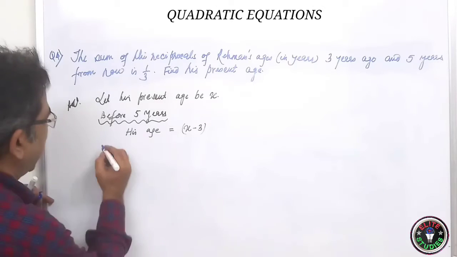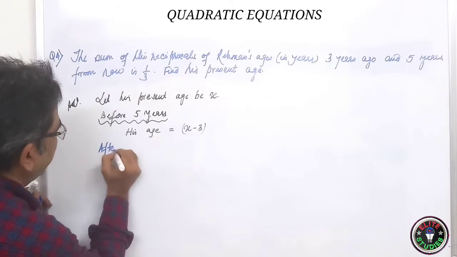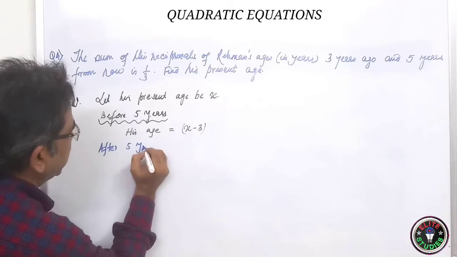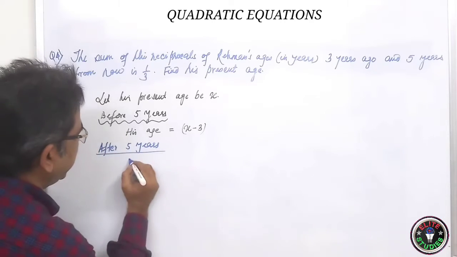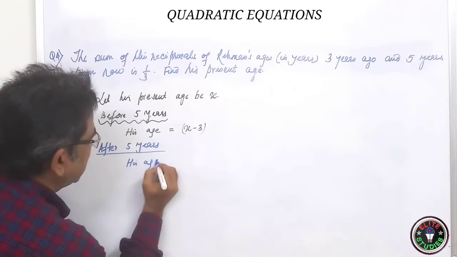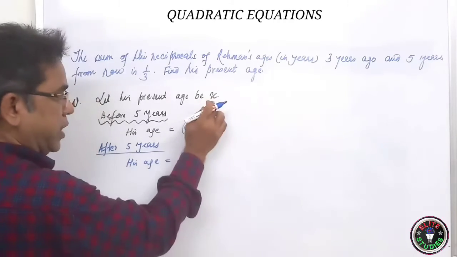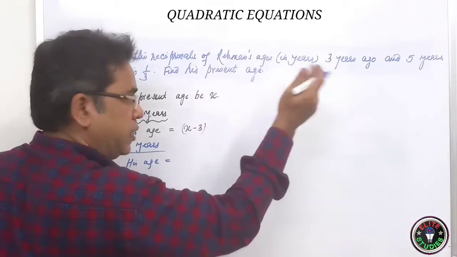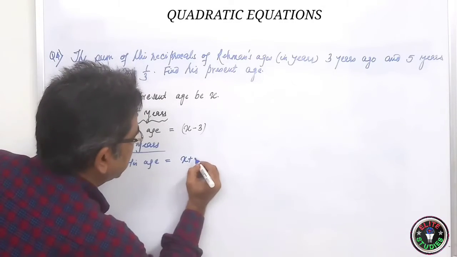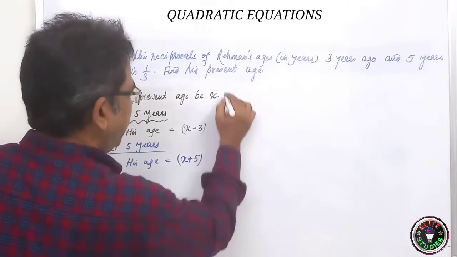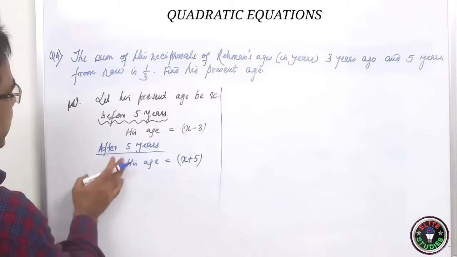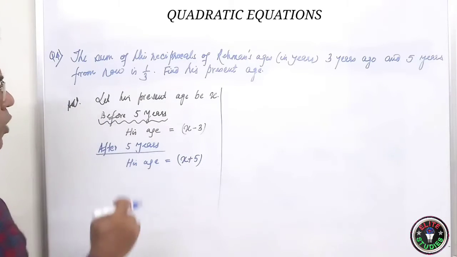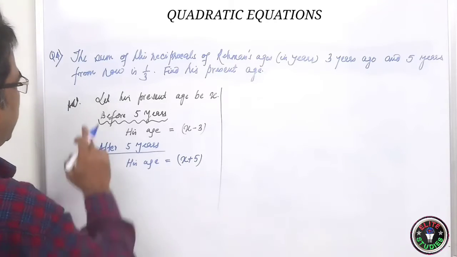Now similarly after 5 years, his age will be, present age is x, so after 5 years he will be x plus 5. We have found what was his age before 3 years and what will be his age after 5 years. Now we have to frame an equation. What will that equation be?